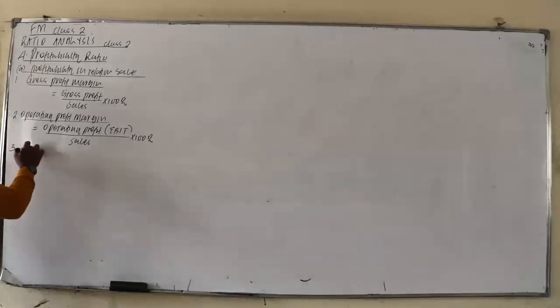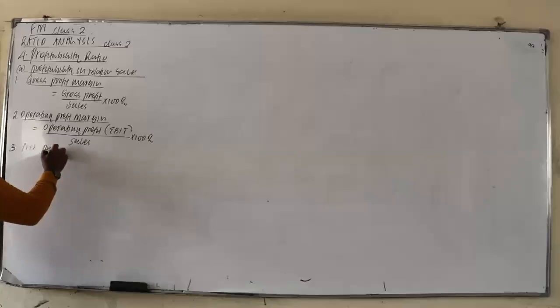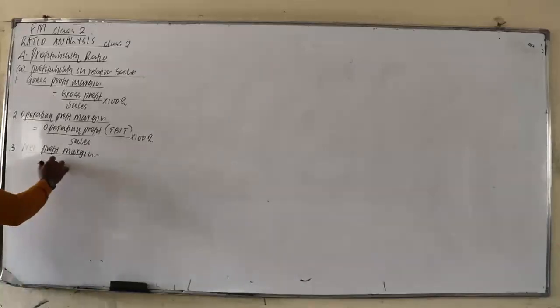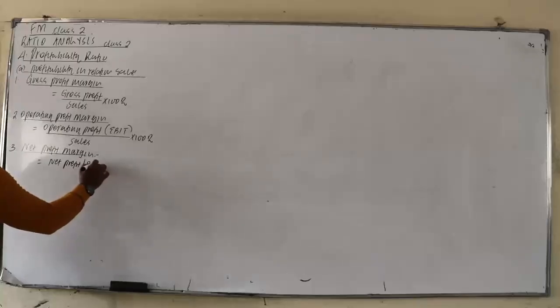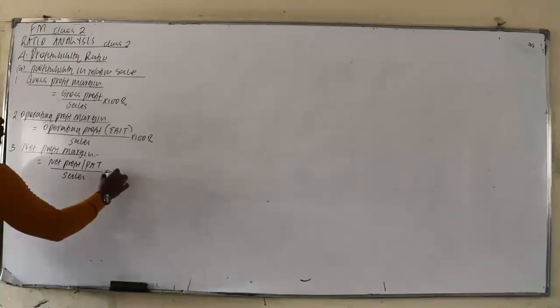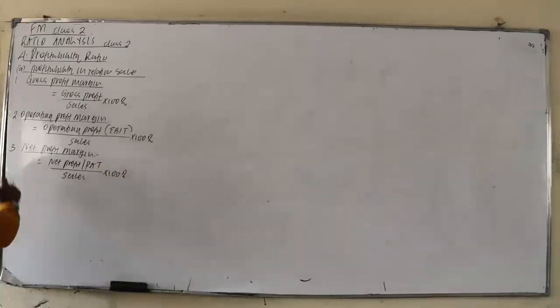Number 3 we have is net profit margin. For the net profit margin, you take the net profit, that's equivalent to the profit after tax. You divide by the sales. You multiply by 100%.